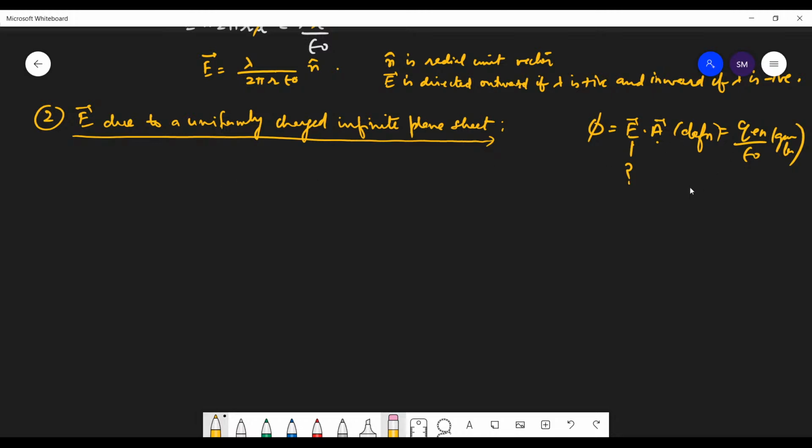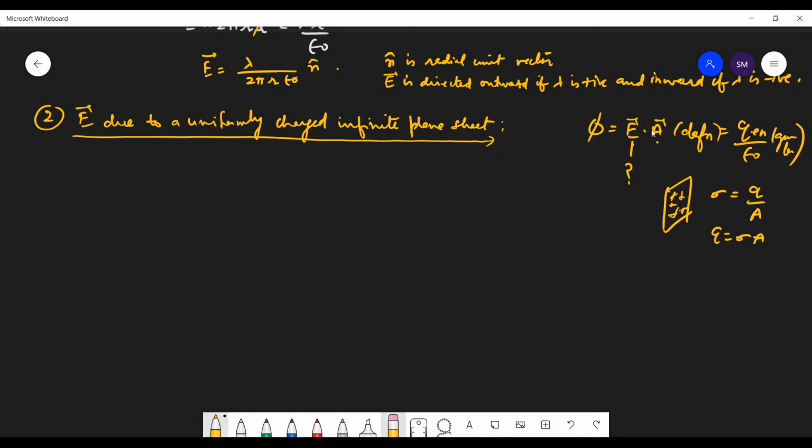Charge enclosed we already know in advance: if this is a plane sheet, then we have the surface charge density, which is given by sigma equals Q by A. So Q equals sigma A. This is so simple.